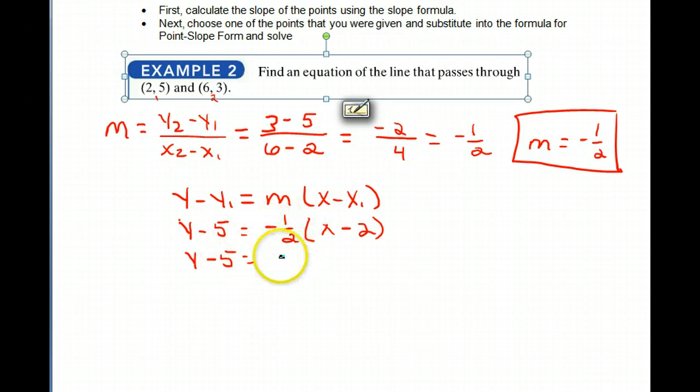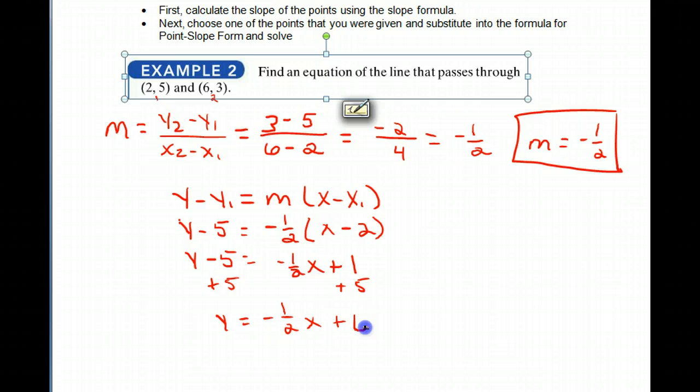So -1/2 times x makes -1/2 x. -1/2 times -2 is going to make a +1. Lastly, we're going to add 5 to both sides, and y will equal -1/2 x plus 6.